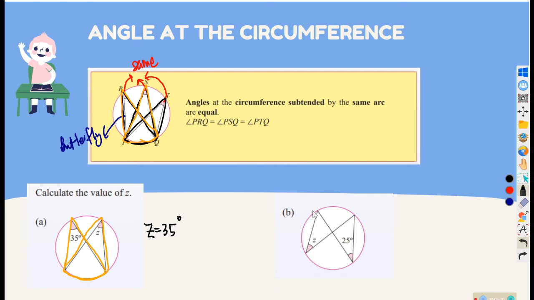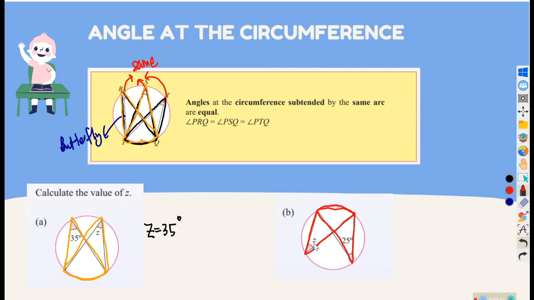How about this one? This one is B, so the same goes for B. You can see the butterfly shape here. We start from the line here and go down to the same arc, then going up, going down, and again you are going through the same arc.